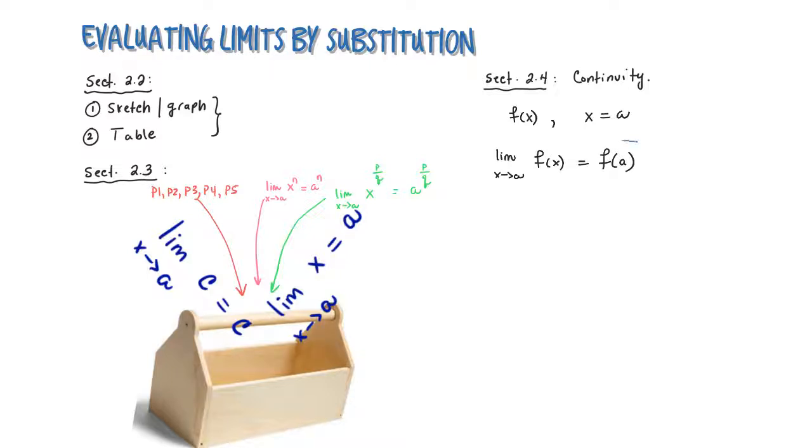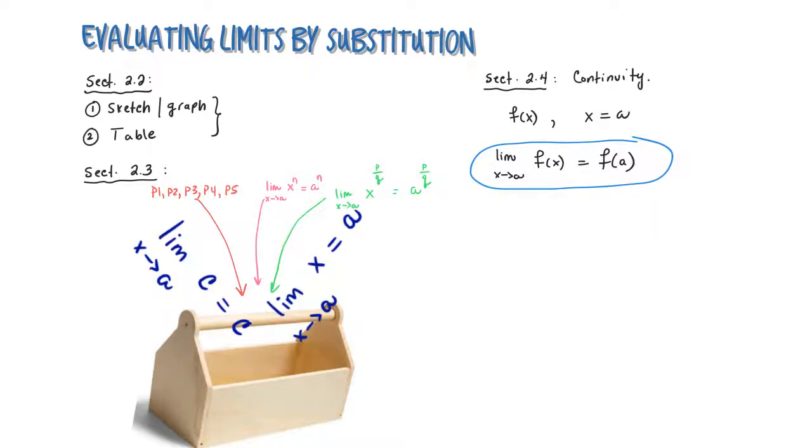And here is the key for evaluating limits efficiently. If you know that the function is continuous at a, if continuity of the function at a exists, then the value of the limit at a is just equal to f of a.